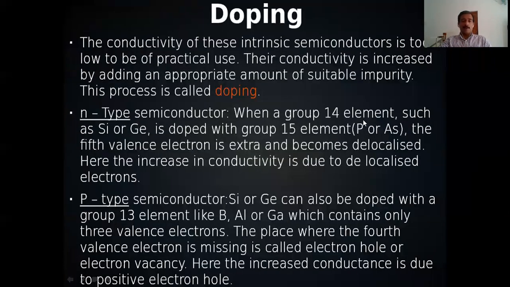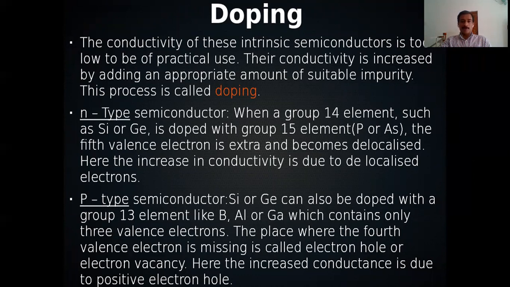Doping. We already mentioned intrinsic semiconductors are semiconductors by themselves without the introduction of any foreign particle. The conductance of these intrinsic semiconductors is too low to be of practical use.